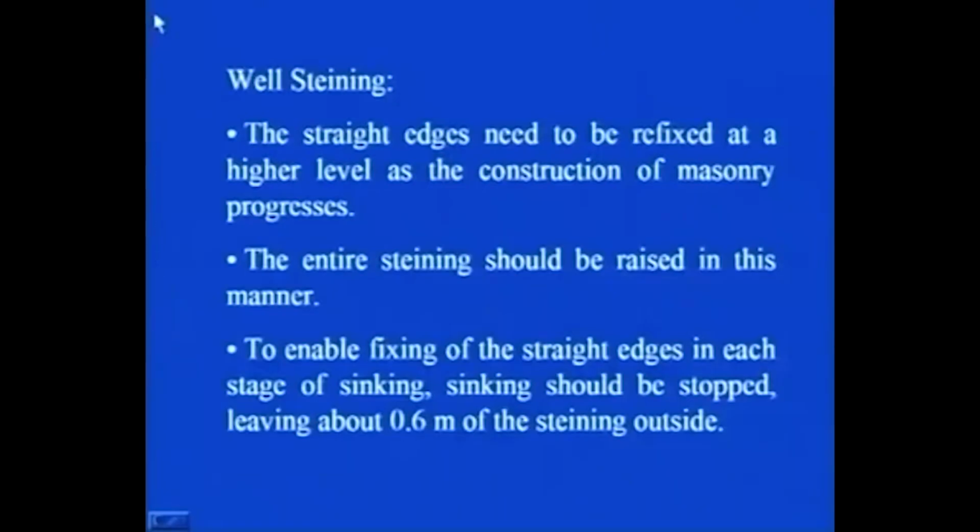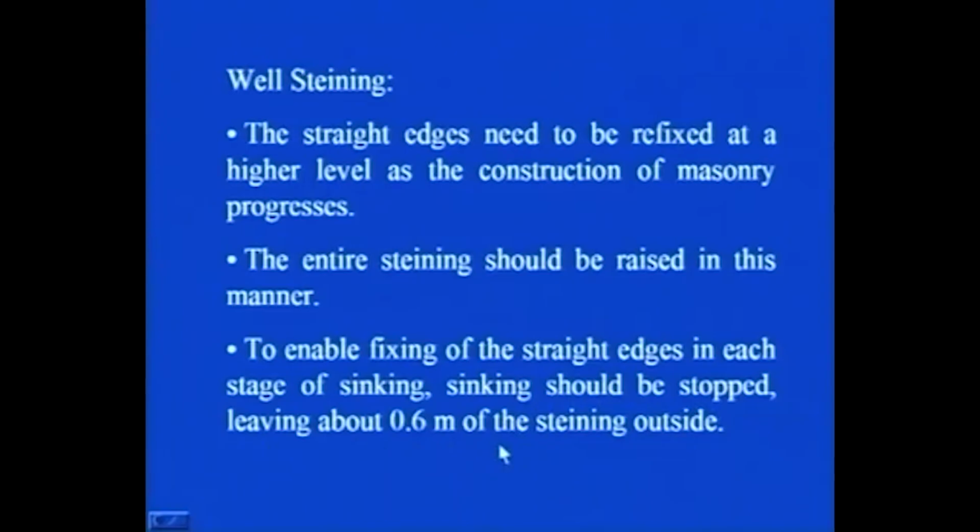Now, once the concreting of the well steining or the masonry construction till that particular height is over, then you have to shift those straight edges so that the construction of well steining above that height can progress. So, the entire steining should be raised in this particular manner. To enable fixing of the straight edges, sinking should be stopped at each stage.